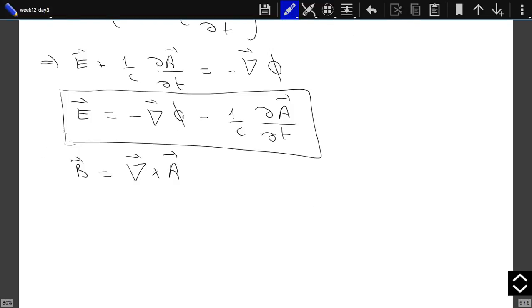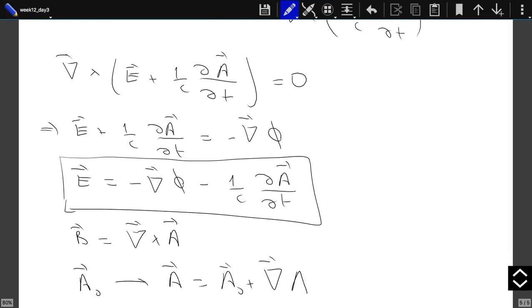We had already said that if we have A0 corresponding to a B, then A defined as A0 plus the gradient of some function lambda still gives me the same B. So there's no unique A.